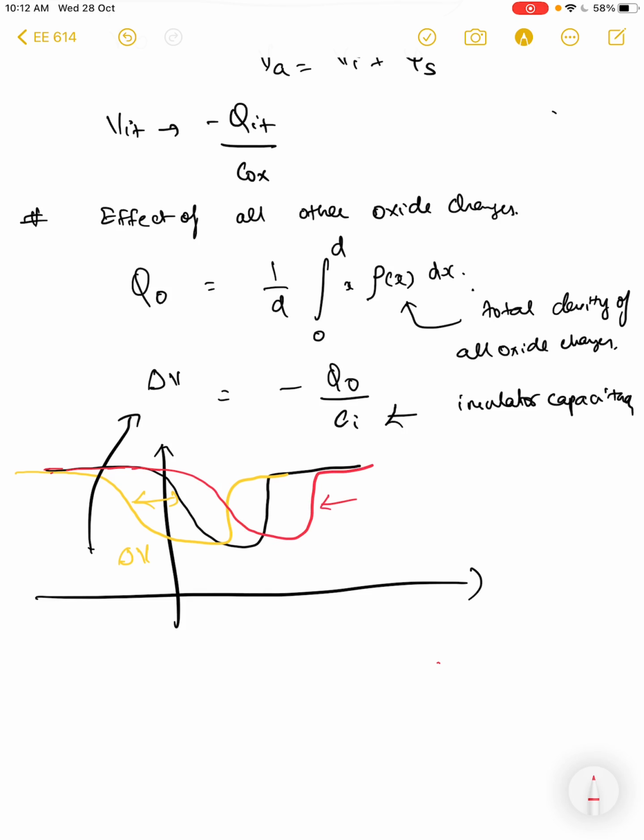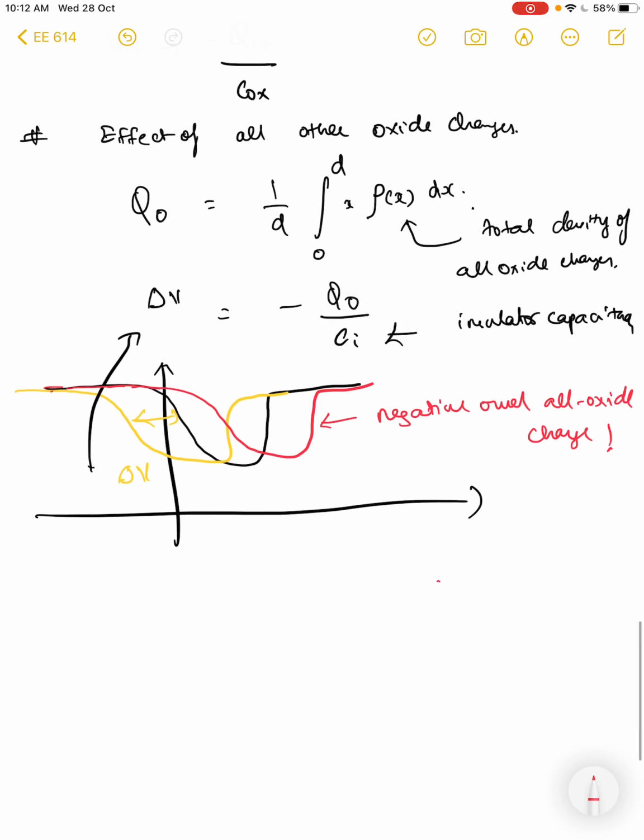If you have a negative overall oxide charge, and remember, this is over and above the flat band voltage that we spoke about before, right? So your total threshold voltage now depends on the actual.